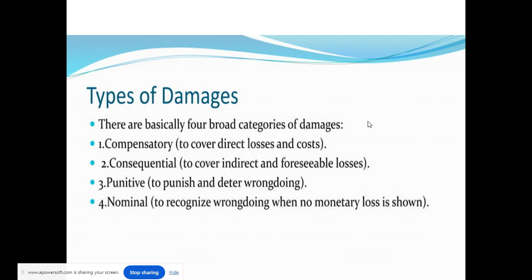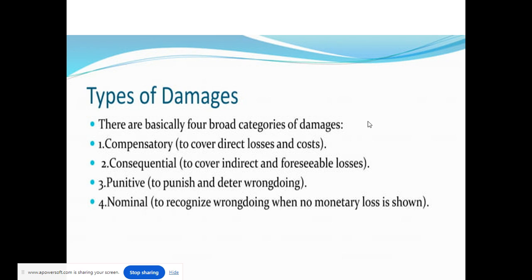Nominal damages may be awarded when there is no actual proof that any loss has occurred due to the breach of contract. Compensatory damages are awarded to reimburse the non-breaching party for any losses incurred as a result of the breach.